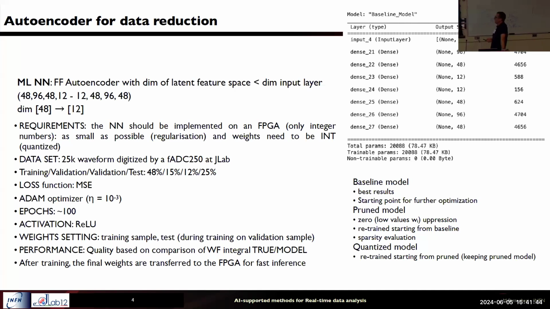And we are going to use ReLU as the activation function. Keep in mind that since we want to implement the network at some point on an FPGA, which should be dealing only with integers, the activation function can also be tricky.